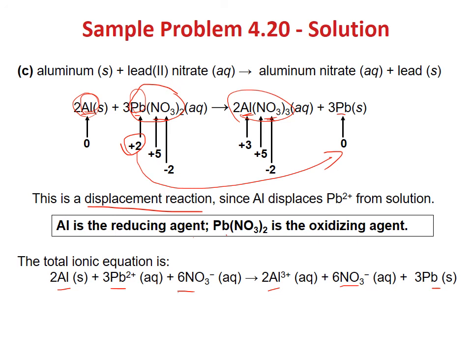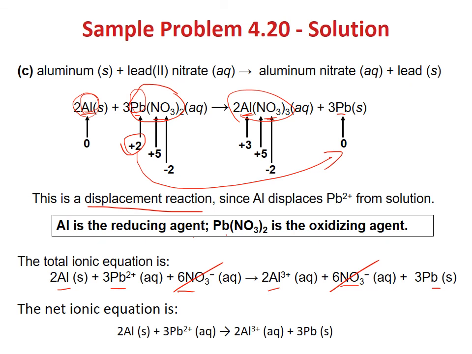In this equation, nitrate doesn't change before and after the reaction, so it's a spectator ion. What is left is the net ionic equation: aluminum plus lead ion gives aluminum ion plus lead. So lead ion becomes lead, and aluminum becomes aluminum ion.